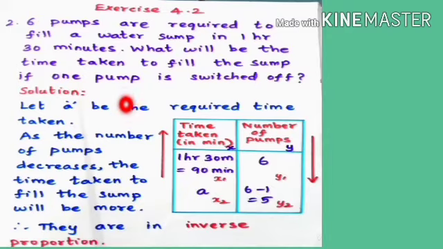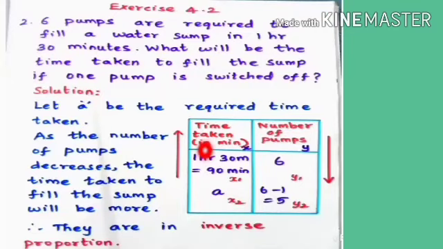So now fill the tabular column. Here these two quantities, time taken and number of pumps, are to be compared. Now for 1.5 hours, 1 hour is equal to 60 minutes and already 30 minutes is there. So 60 plus 30 is 90 minutes. So we can write 1 hour 30 minutes as 90 minutes.